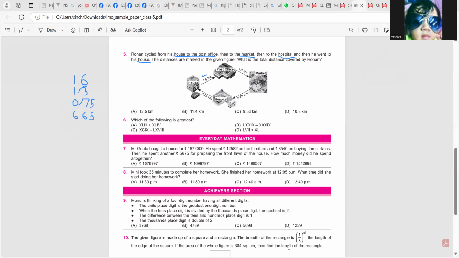Now in the blank spaces, we will fill 0 and we will add. After adding, we will get the result as 10.30, and option D is correct.